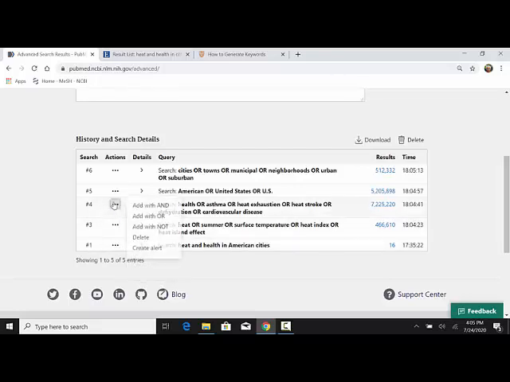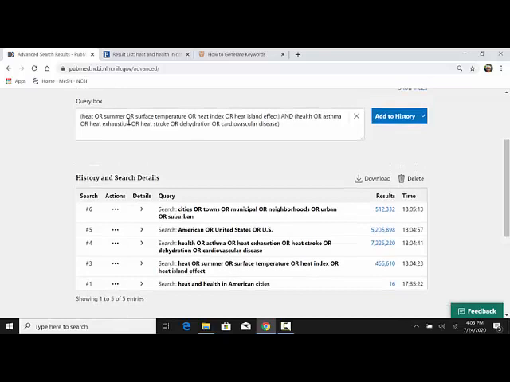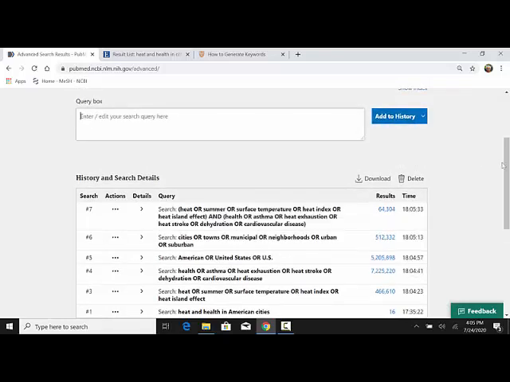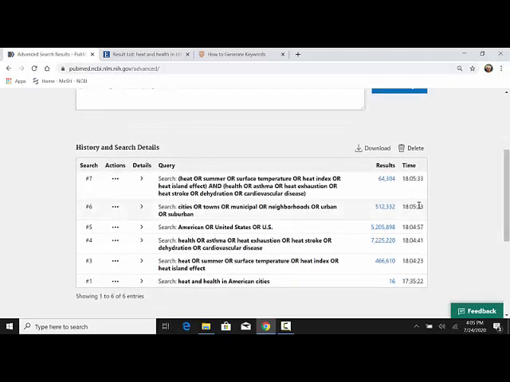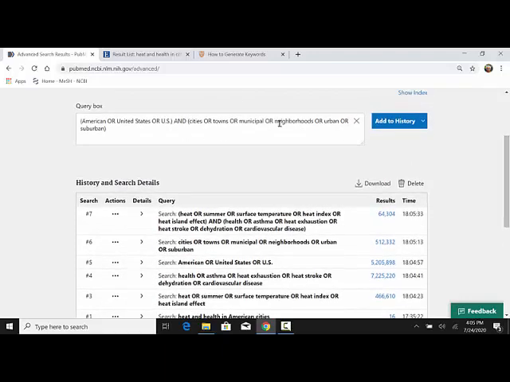So first I'm going to put together my heat and my health, and you'll see in the box that it parenthesized all of the ORed terms. And when I add that to the history, I'm already down to 64,000, because when you use AND, you knock out a whole lot of things. Now I'm going to add the query for American and cities, and you can see in the query box that those have been parenthesized.